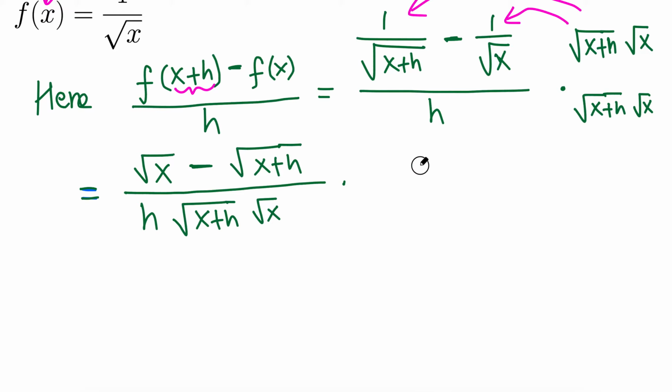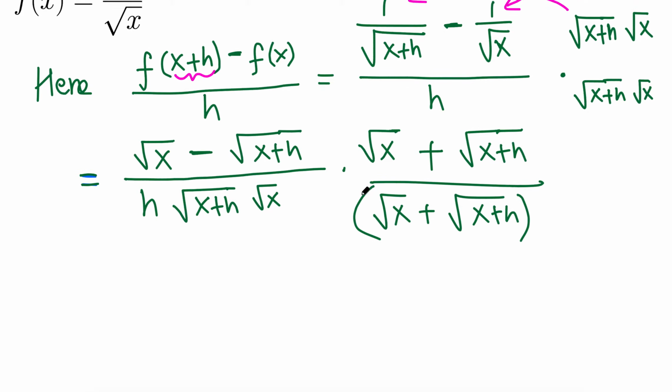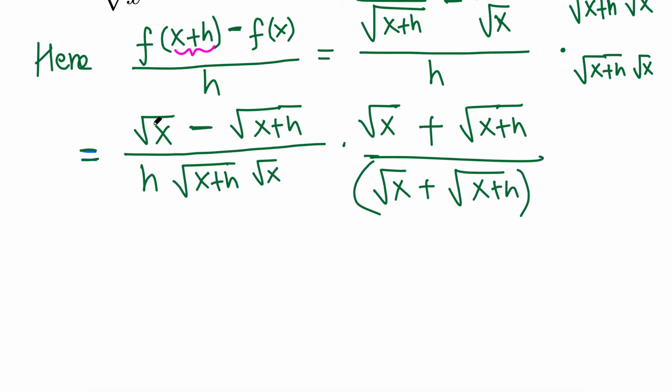So we have positive in the middle, same terms, root x plus h, divided by the same thing on the bottom. We can only multiply by 1, and whatever we write on the top, we have to write the same thing on the bottom. This is in fact a whole quantity, because when there is a plus sign, this is a quantity. On the top, minus means this is a quantity, and this is also a quantity.